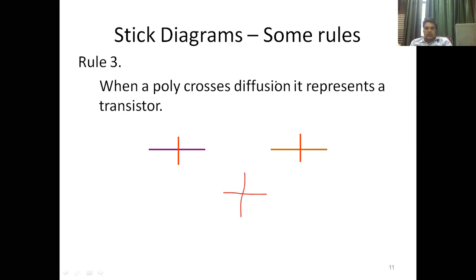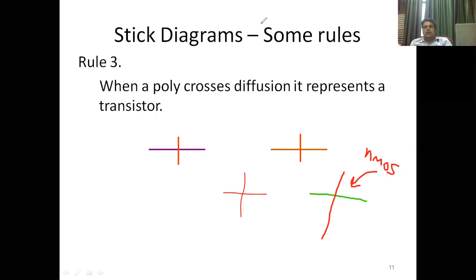So let's say this is the green diffusion line, and when it crosses the red polysilicon line, it represents an NMOS transistor.